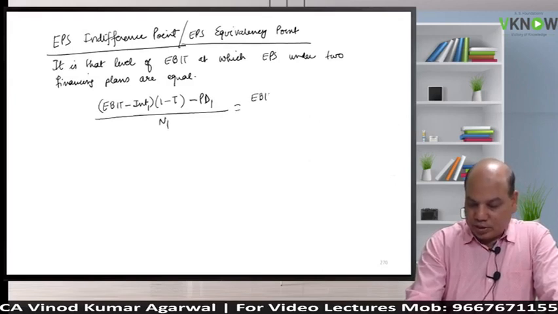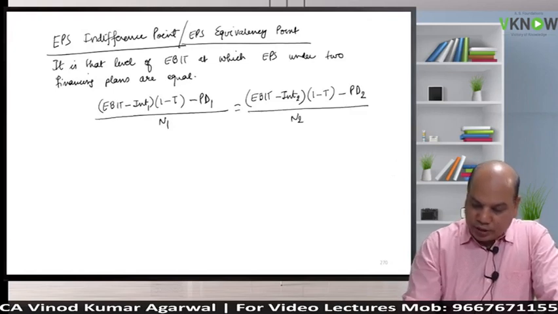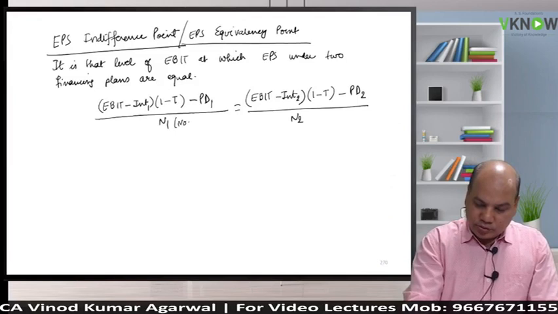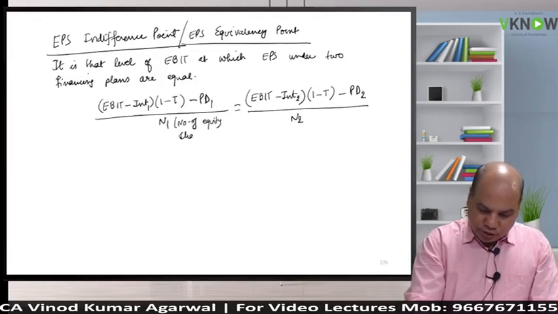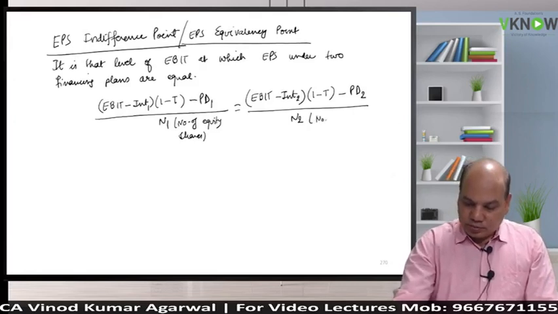Second plan, EBIT minus interest 2 into 1 minus tax rate minus PD2 divided by N2. N1, N2 means number of equity shares under each plan. Already we have covered this in our regular lectures.